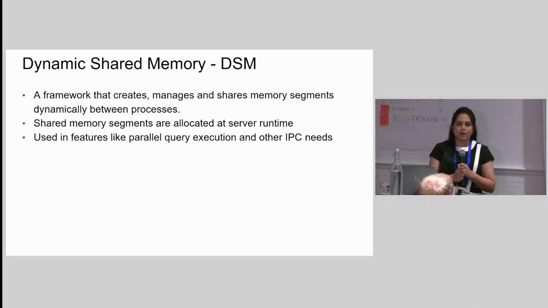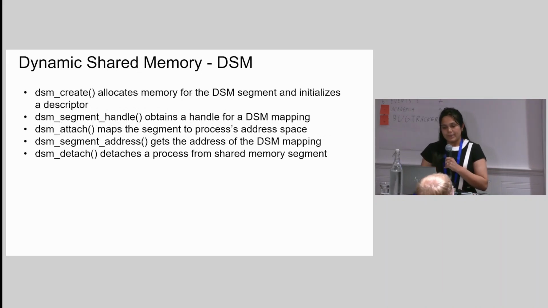Instead of solely relying on a main static shared memory that is created at the start of the server process, DSM can help you create memory on the fly. Some of the APIs used in DSM: the first one is dsm_create. This allocates memory for a DSM segment and initializes a descriptor. This descriptor contains the local mapping of a DSM in a process.